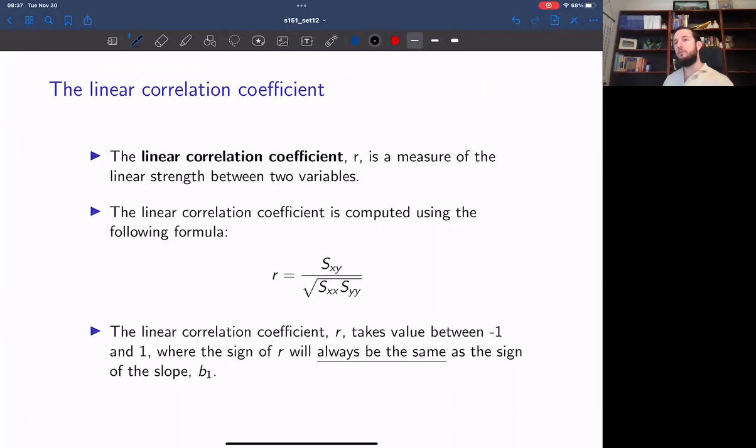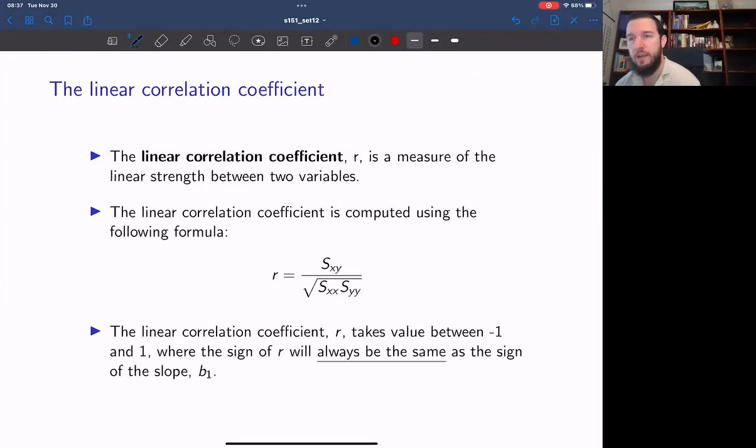Okay, to answer this question, we can use diagnostic measures. So we're going to talk about 2 diagnostic measures, the linear correlation coefficient and the coefficient of determination. And the role of each of these measures is to give us some idea of whether or not the regression line is actually going to be a good fit for the data.